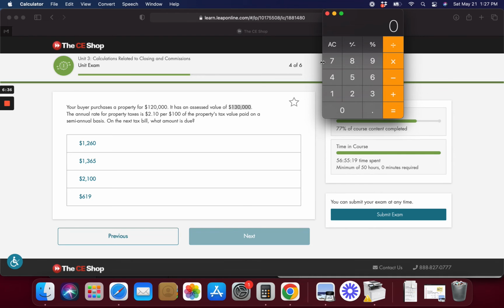Okay, we're always going to go by the assessed value. 130 times 2.10%, that's 2730. Divided by 2 because it's a semi-annual payment.